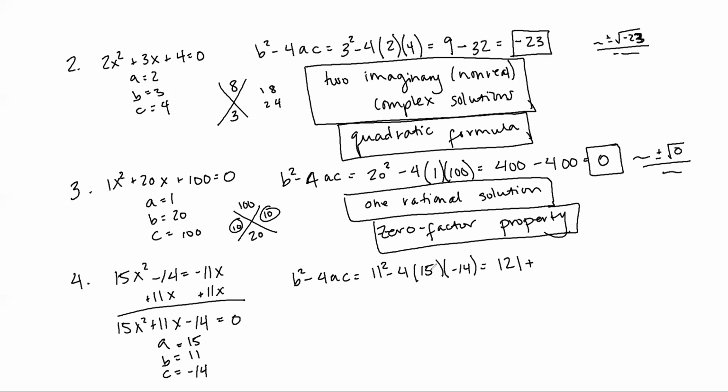Now, 4 times 15 is 60. 60 times 14, we're going to have, just multiply this one out, 840.